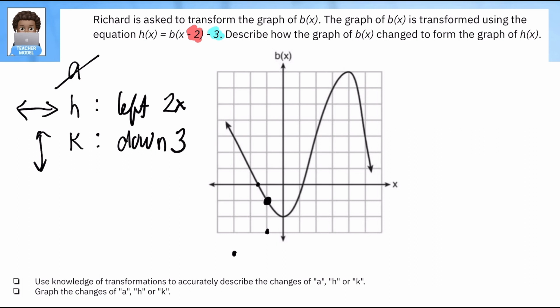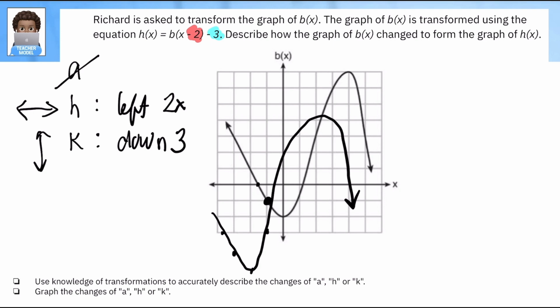And left 2, down 3. So it's going to kind of look like this. Again, not perfect, but that's okay. This is just us practicing.